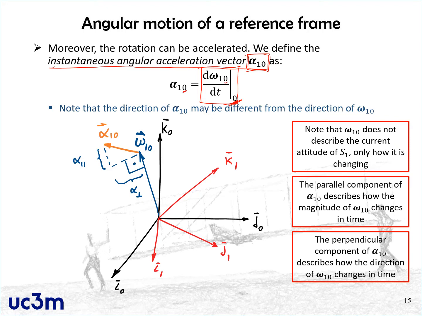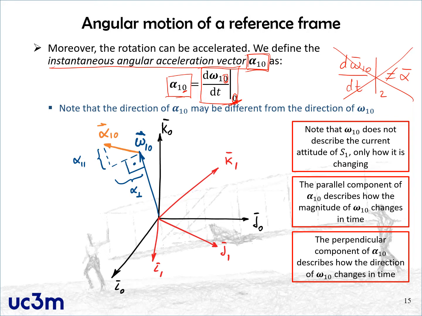So this number here and this number here have to match if we want to call this derivative an angular acceleration vector, okay? If you just take the derivative of omega 10 in a different reference frame, for example 2, this is no alpha of any type, okay? So remember that these numbers have to match.